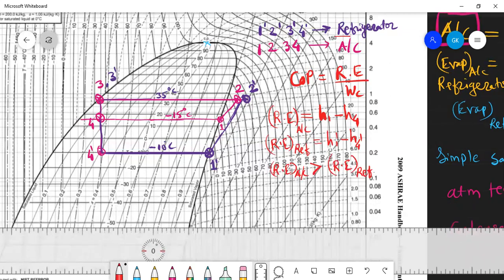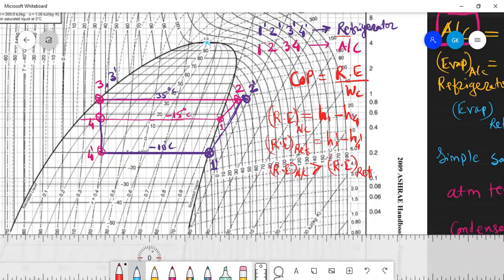Now, the second term: compressor work. Here there will be a large difference. If you see the compressor work, the pressure ratio for the AC is very small. The pressure ratio requirement for the refrigerator is very high because the temperature lift is very high here.